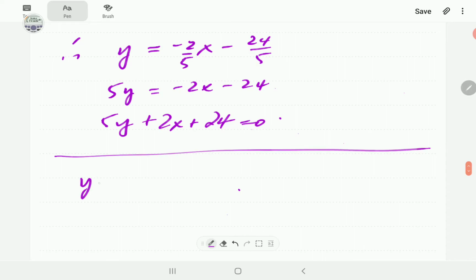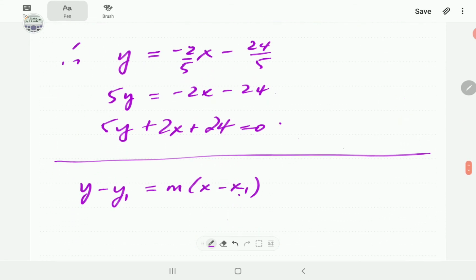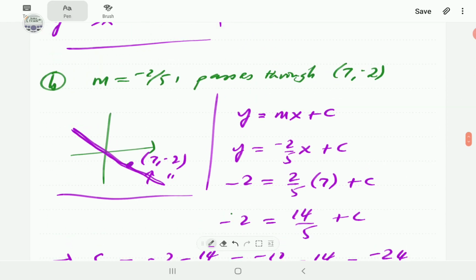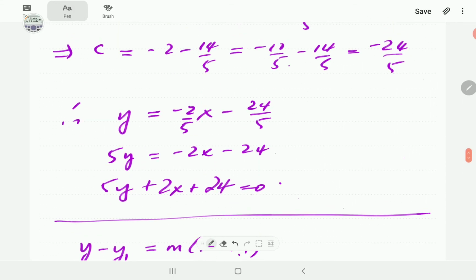Then using the 1 point form, so again, our y1 is negative 2, our x1 is 7, m is negative 2 over 5. So y minus negative 2, then minus 2 over 5 x minus 7.